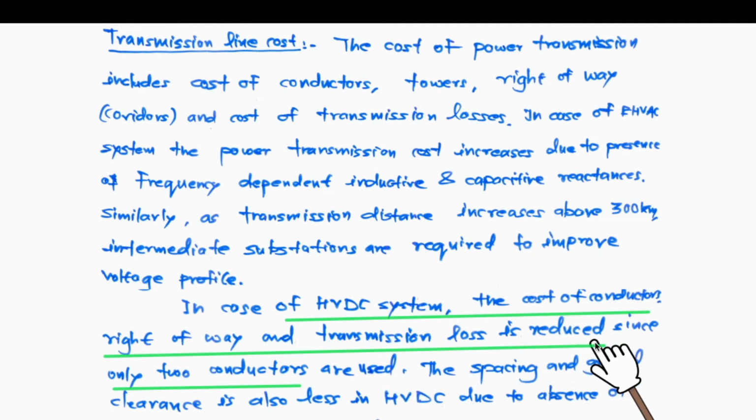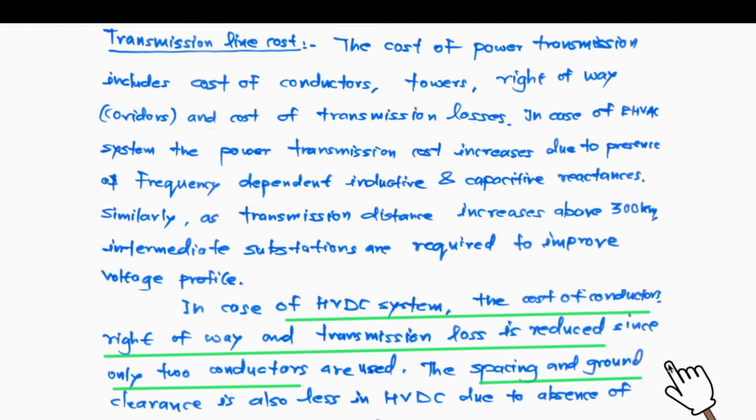And consequently, if only one pair of conductors is required, the need for space and ground clearance will also be lesser, so cost is less in HVDC. Only two conductors, right?